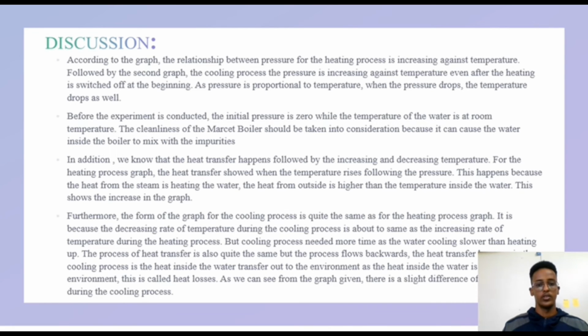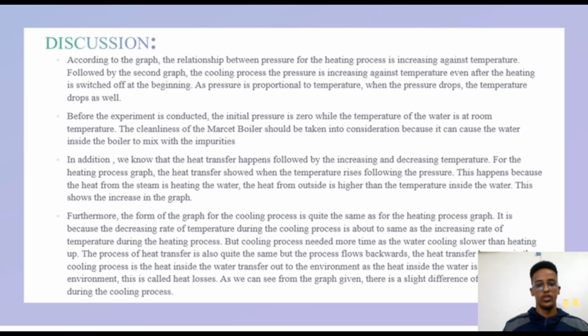For the heating process graph, the heat transfer showed when the temperature rises following the pressure. This happens because the heat from the steam is heating the water. The heat from outside is higher than the temperature inside the water.